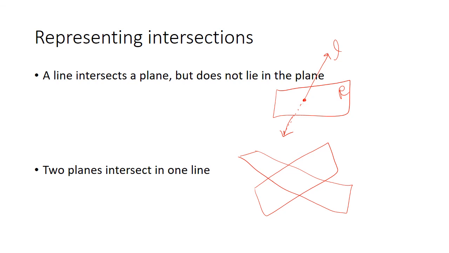Where these guys cross, let's say that this is dotted and this one's dotted. I can't really erase it. Where they cross would be a line. The picture is much better in your book if you want to look at example 4 on page 8.